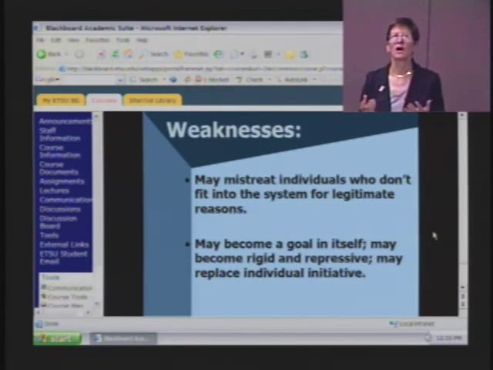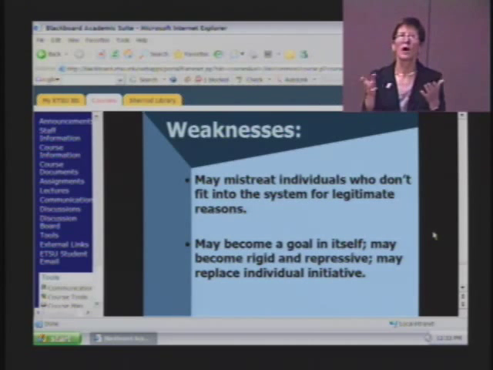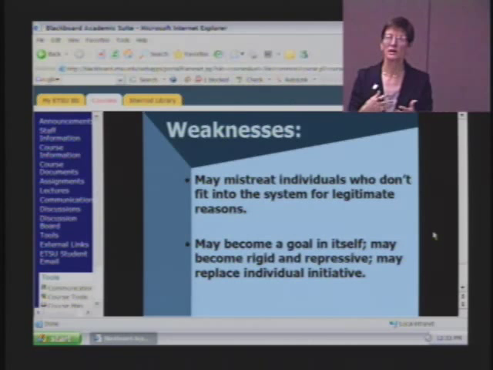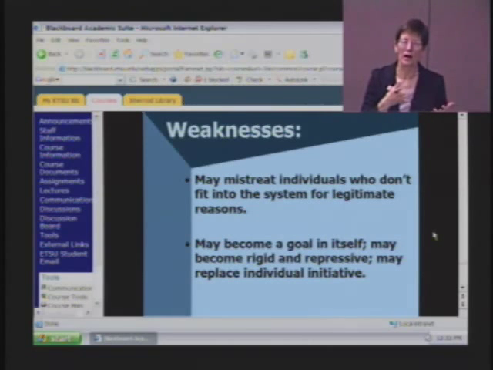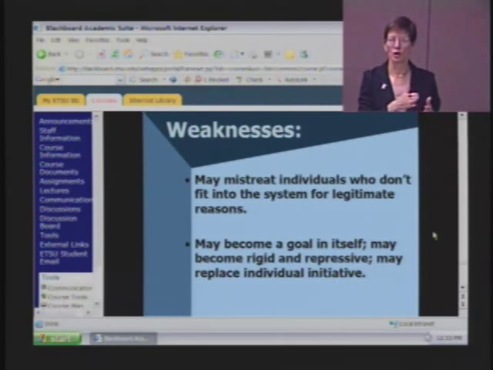All right, any kind of law and order system can become a goal in itself. People, adults, school people, get so focused on the system, maintaining the system, that it becomes the goal in itself. We often refer to this in other contexts as mindless bureaucrats, bean counters, people who go by the book and there will never be any exception.